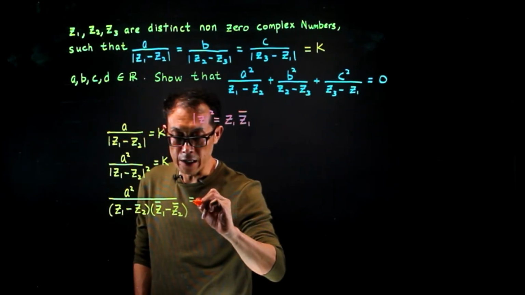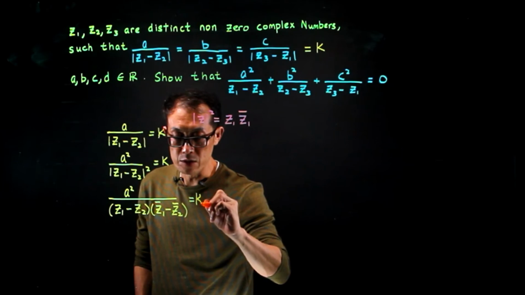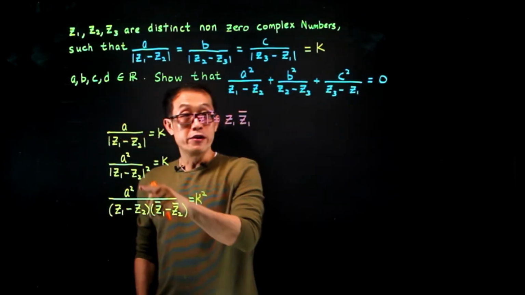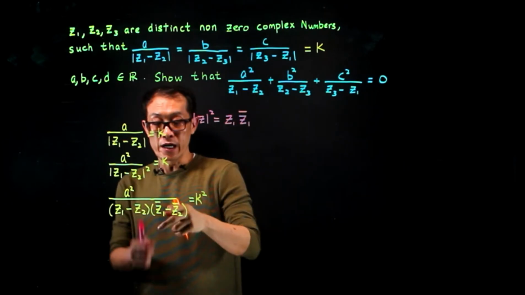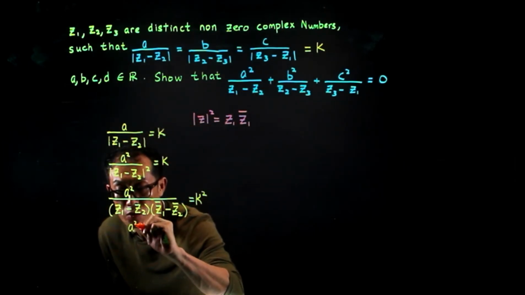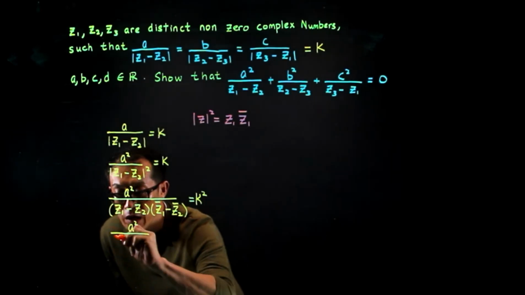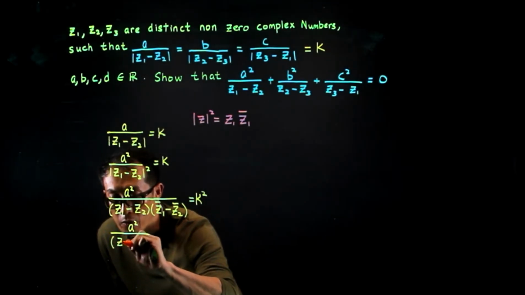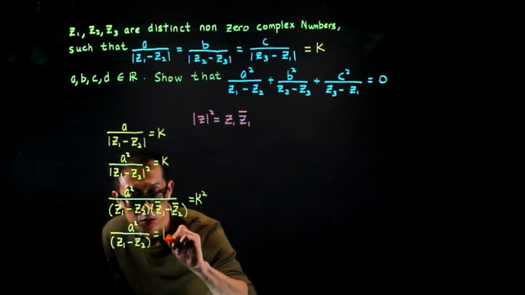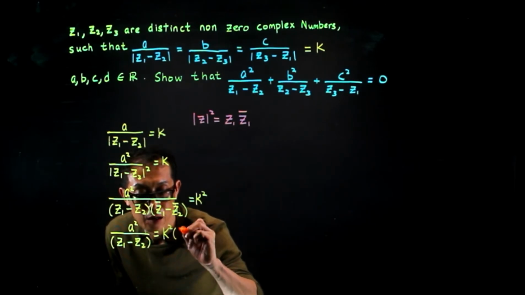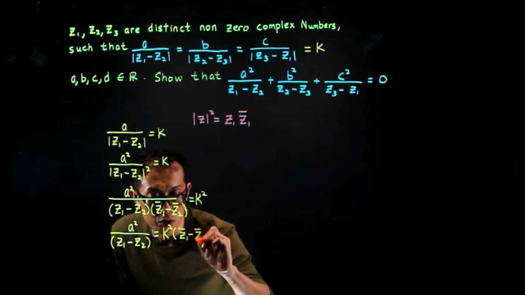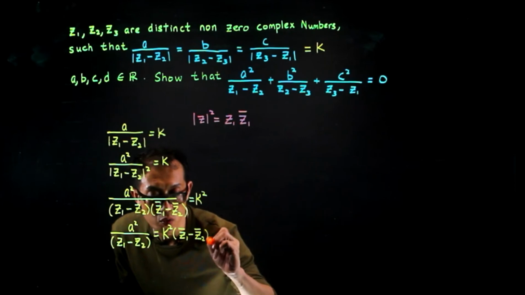Alright, then the right hand side, remember to square it as well. So this part, we really get this expression over here. Okay, let's do a cross multiply. So you have a squared over z1 minus z2 equals k squared times conjugate of z1 minus the conjugate of z2.